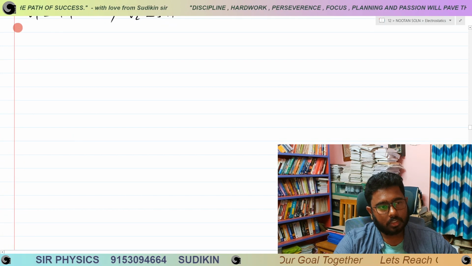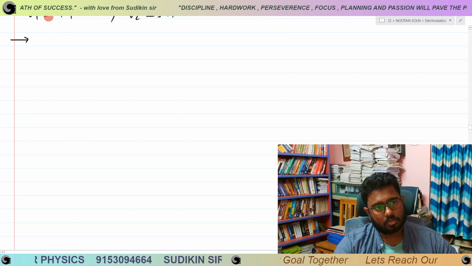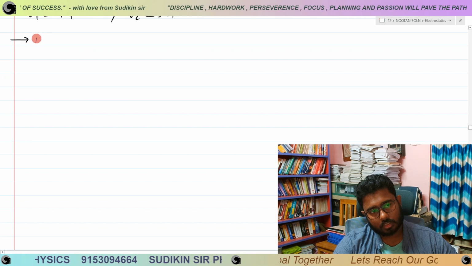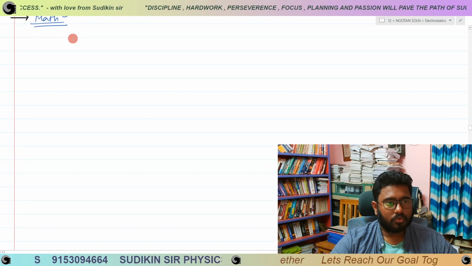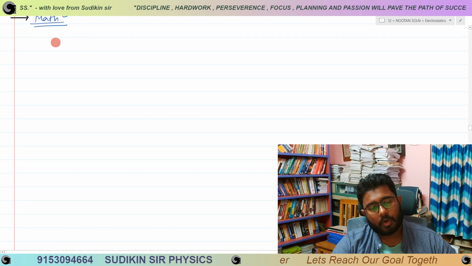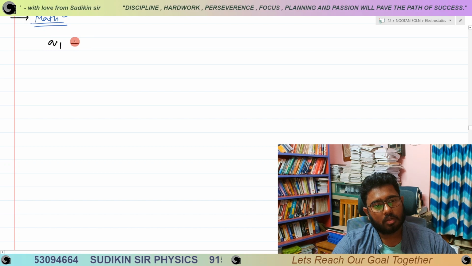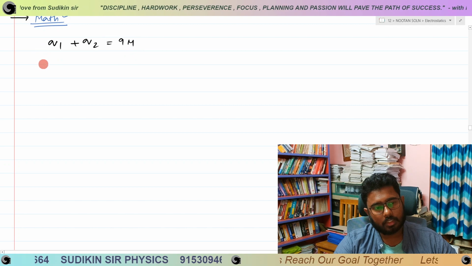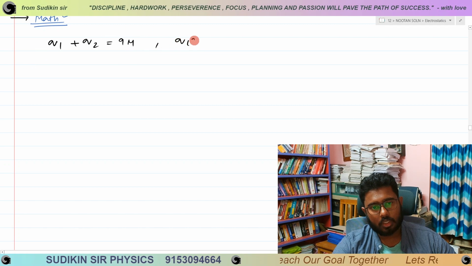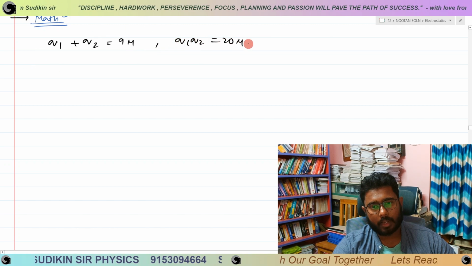We can do it in another way also. So if you are good in mathematics, I hope you can follow this way. Okay. So from the above part, we have got q1 plus q2 equals to 9 microcoulomb, and we have also got q1 q2 equals to 20 microcoulomb.